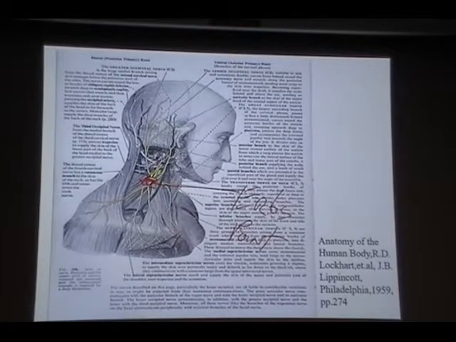So, for example, here we have a nerve that is coming up to the earlobe and also to the angle of the mandible.